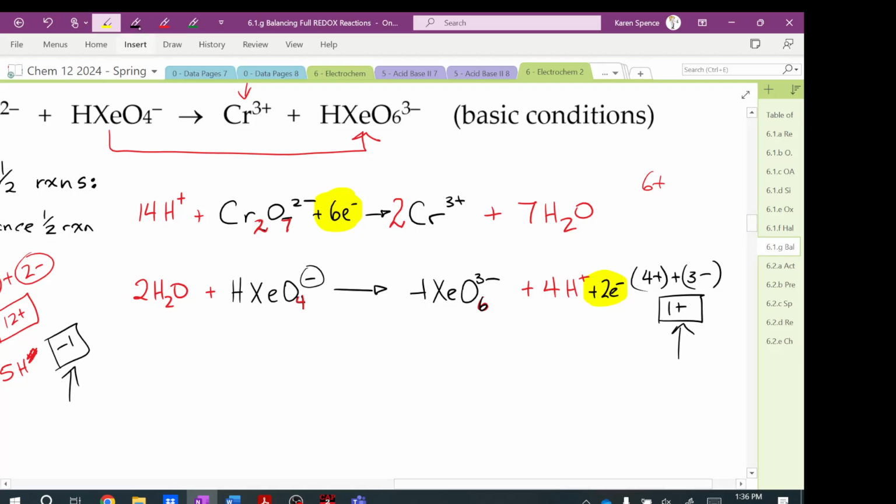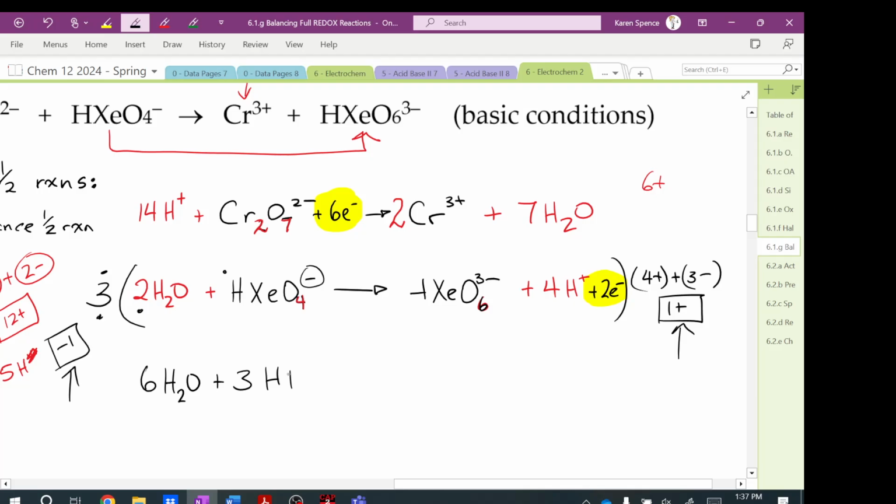So, do I need to multiply both? No, this time I only need to multiply this one here. So what do I need to multiply it by? 3. So I have 3 times 2 is 6 water. 3 times 1 is 3.